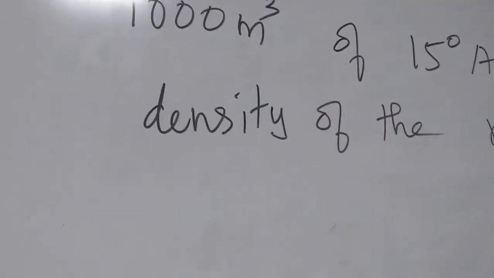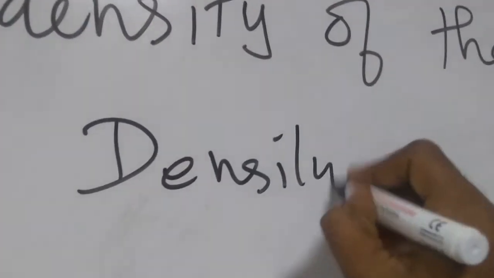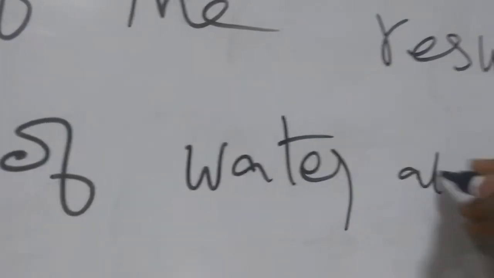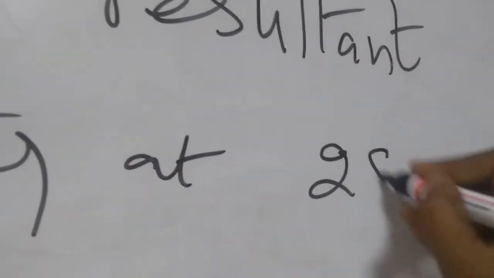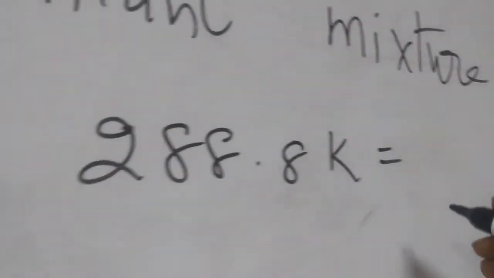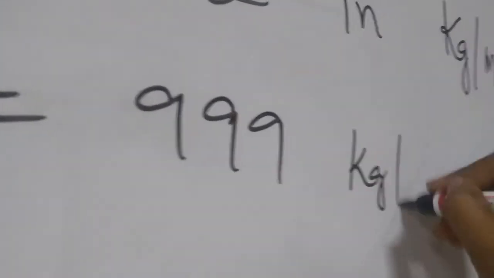Density of water is given. Density of water at 288.8 Kelvin is 999 kg per meter cube.